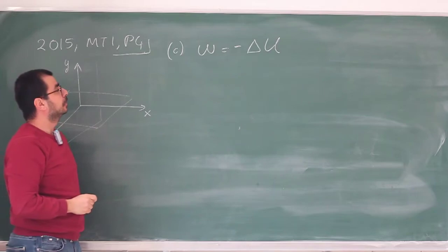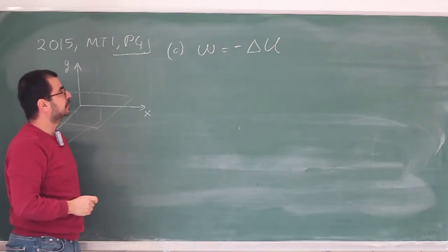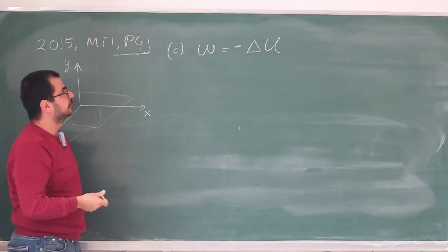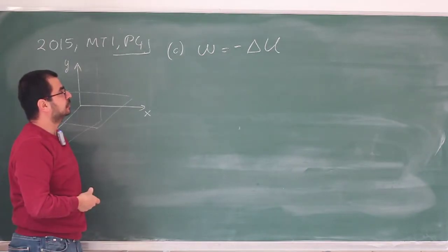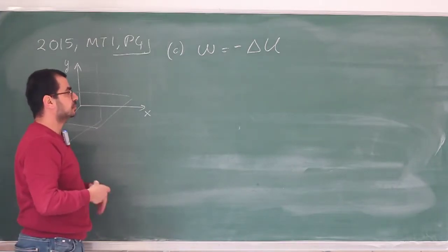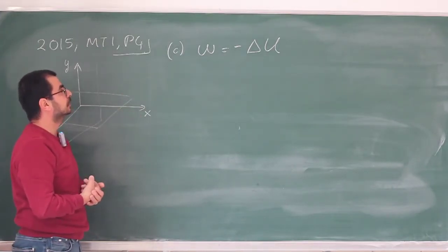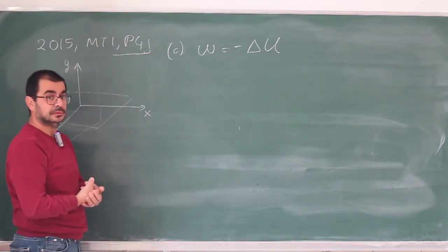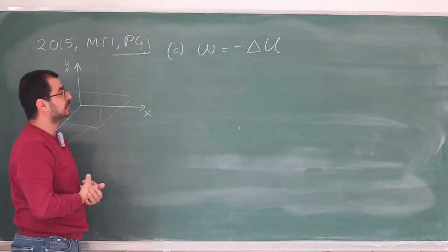Okay? You could also, of course, remember that the work done is the line integral of the force over some path, and the force is the gradient of the minus potential energy and so on and so forth, but this is something hopefully you can recall. And if that's the case, then we have to calculate the final potential energy and the initial potential energy.